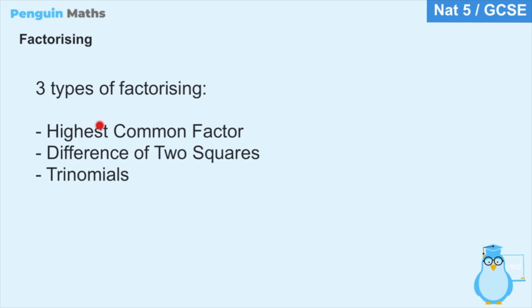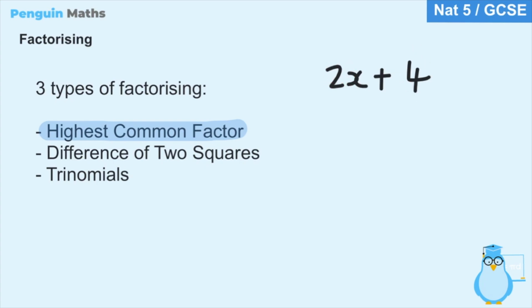The first being known as the highest common factor, and this is what we touched on in the National 4 lessons. But let's go over a quick example of it. So let's say we have an expression such as 2x plus 4. To factorise by using the highest common factor method, what we want to do is look for a common factor, i.e. a number or a variable that goes both into the first term, so 2x, and the second term, which is 4.